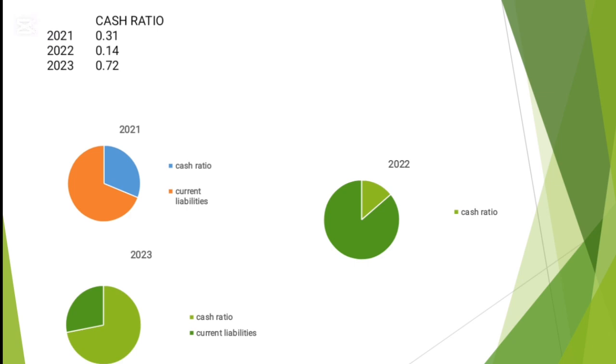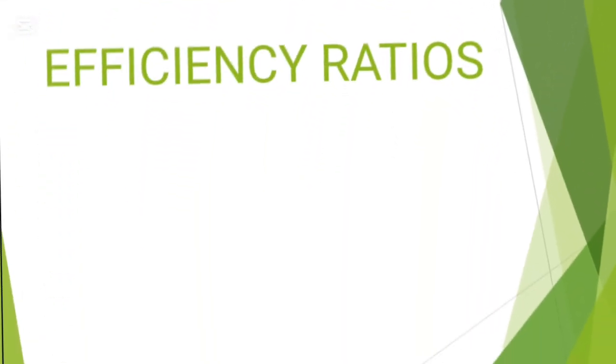So we can see that for every dollar or kwacha that Zambia Sugar owes, it only has 0.31 to pay in 2021. And in 2022, for every $1 that it owes, it only has 0.14 to pay.